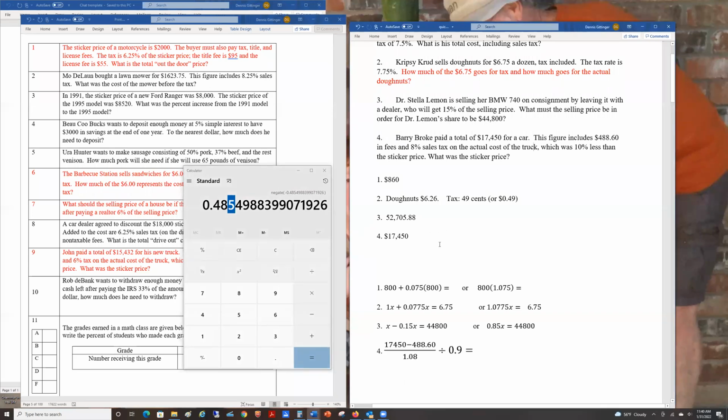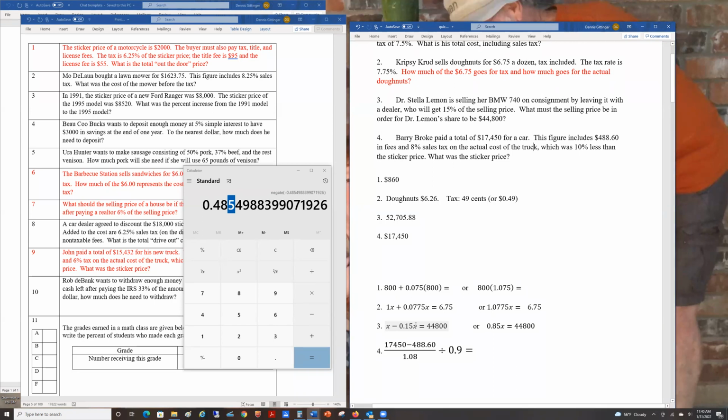Okay. Number 3, most of the answers I saw for number 3 were not correct. Number 3 is, you don't know what to sell it for, so that after you give the agent the selling the car on consignment, after you give the agent 15% of the selling price.